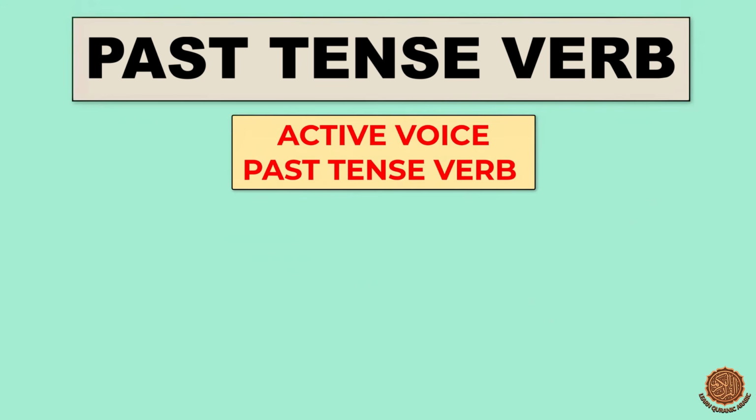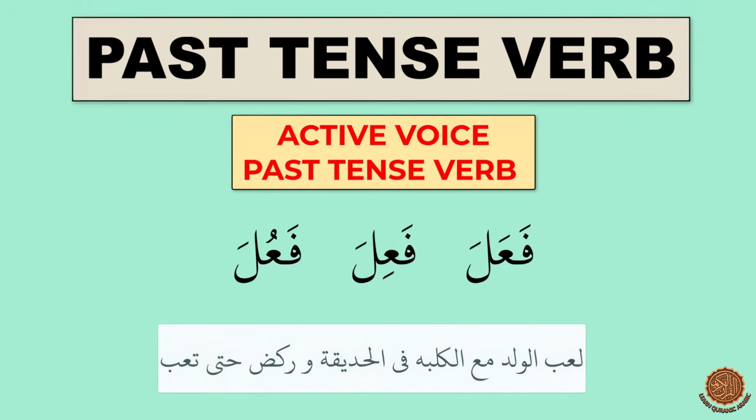Now, how do we actually know what the harakat will be? Because in Arabic script, usually the harakat, the vowels, are not written down. So if we come across a verb, it's three letters. How are we going to know how to pronounce it? A good way to find out is to use a dictionary. Try to find a dictionary that mentions what the harakat are.